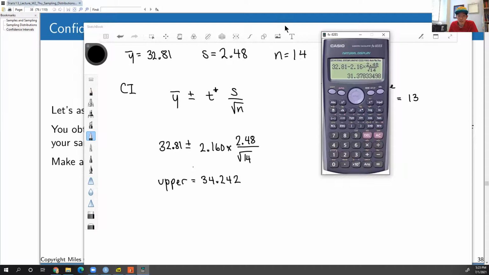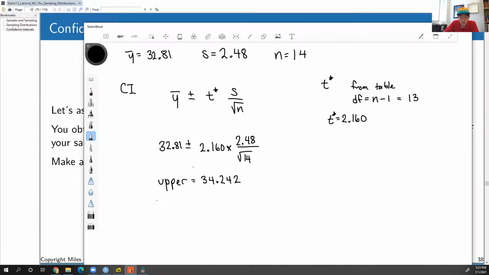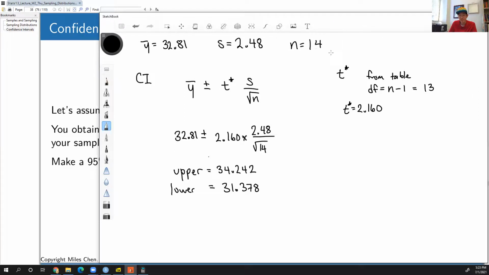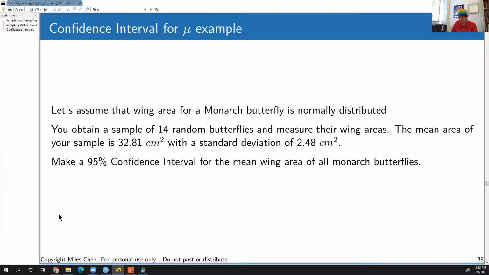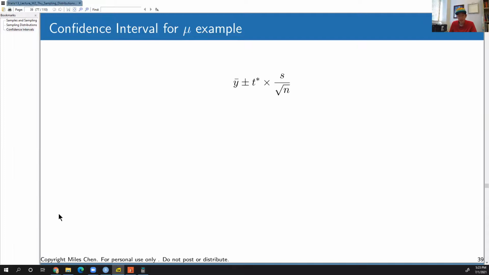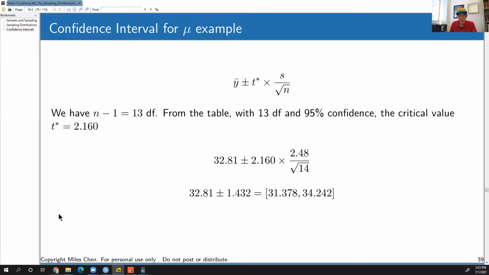And that's our confidence interval: 31.378, 34.242. These are the results on this slide here.